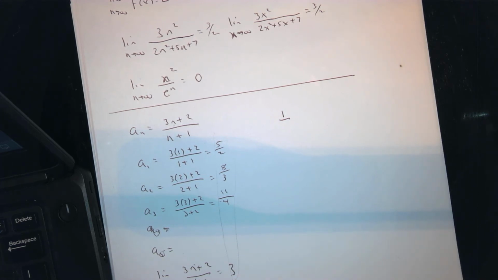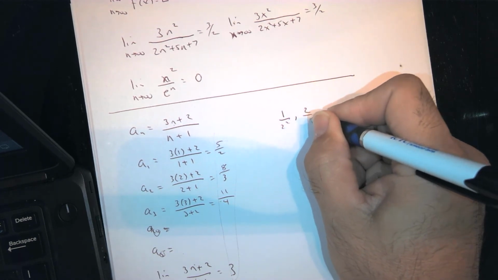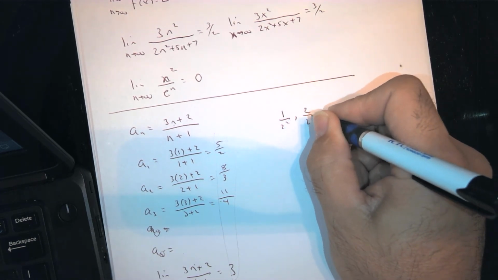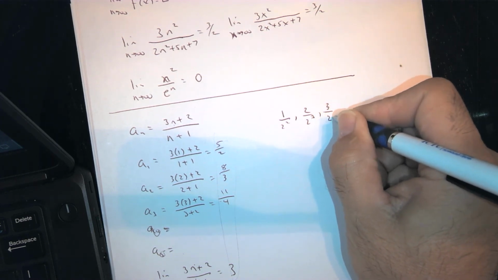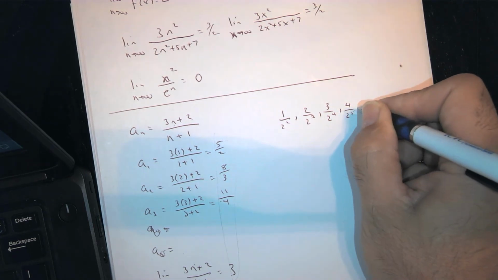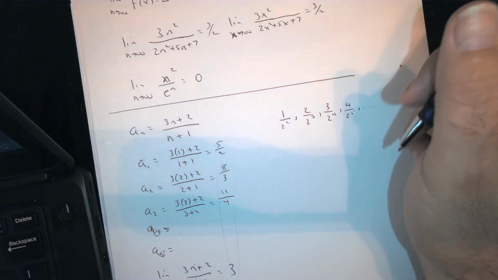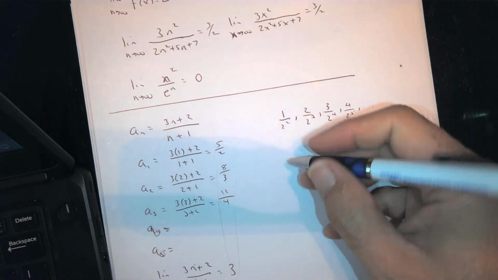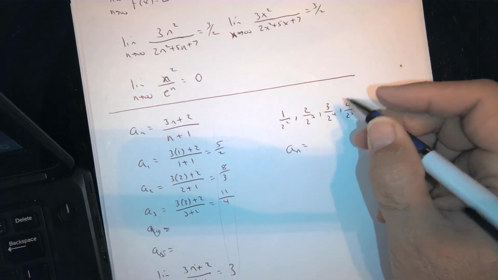So let's say we have 1 over 2 squared, comma, 2 over 2 cubed, comma, 3 over 2 to the 4th, comma, 4 over 2 to the 5th, and so on and so forth. And we want to come up with the explicit formula. You can label it anything you want, and I'm just going to label it a sub n is equal to.